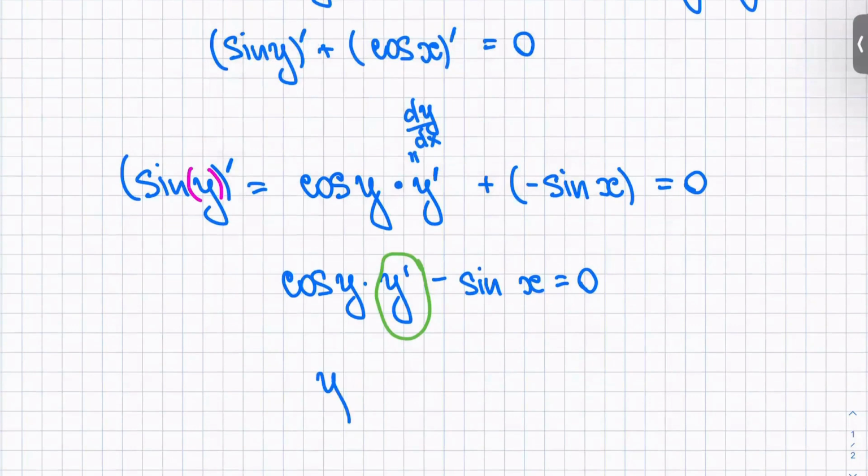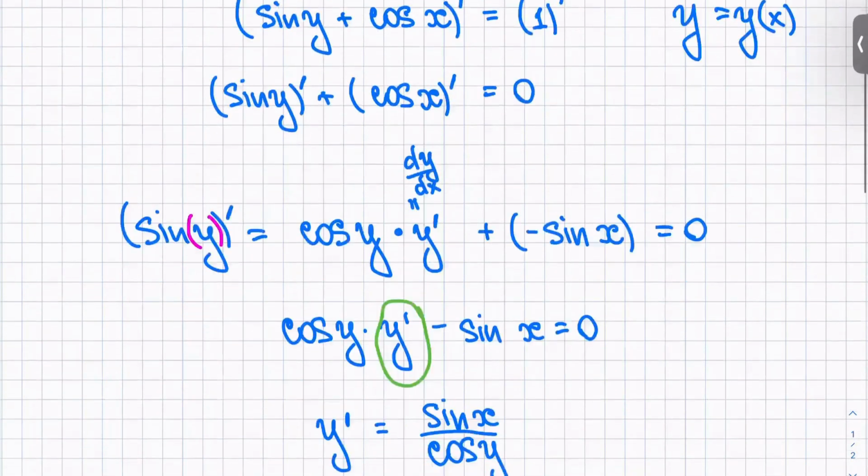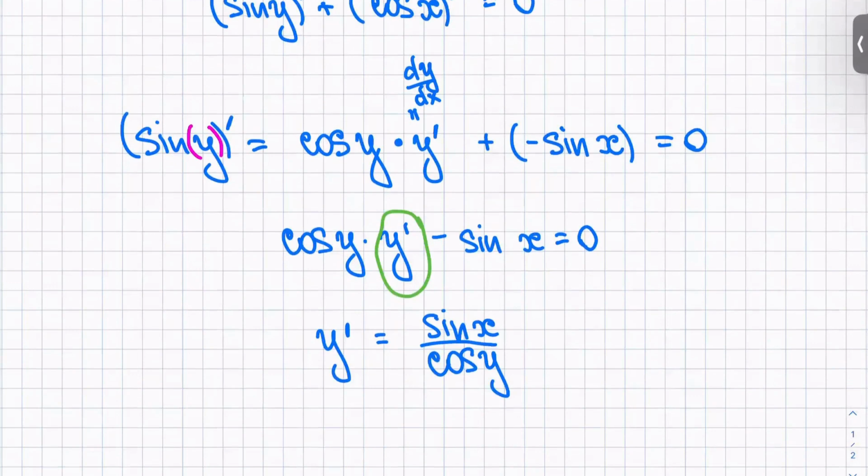So we will get that y prime is equal to sine x over cosine y. And that's it, dear students. This is our first derivative of the function y.